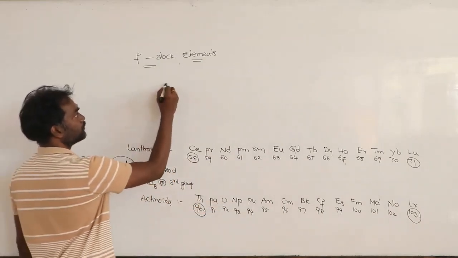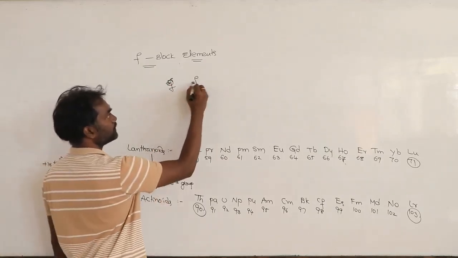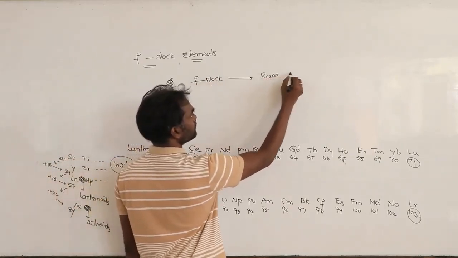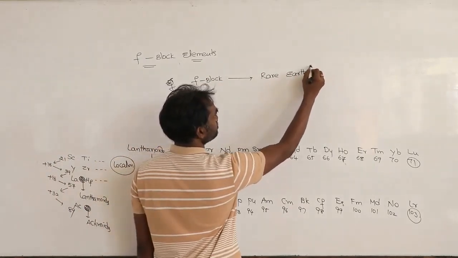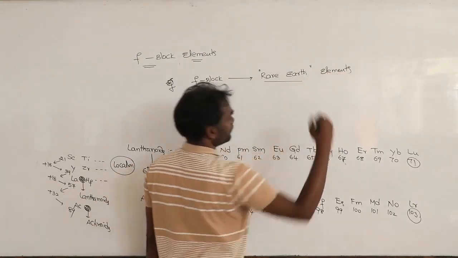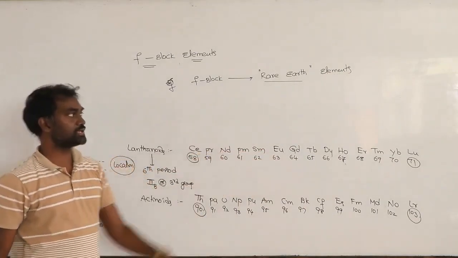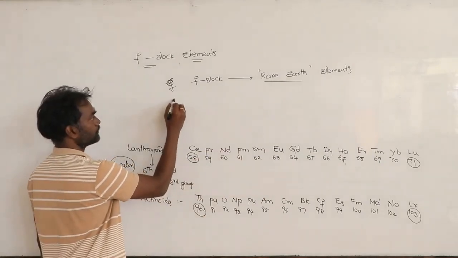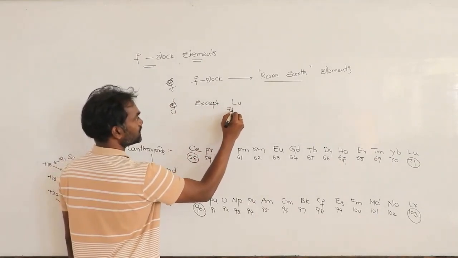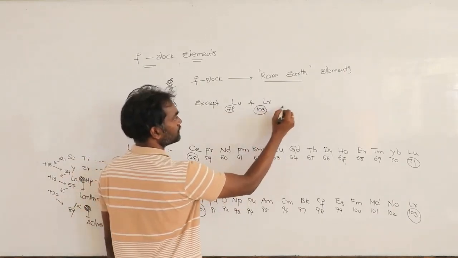Next, another important point: these are called F block elements, also called rare earth elements, except lutetium 71 and lawrencium 103.